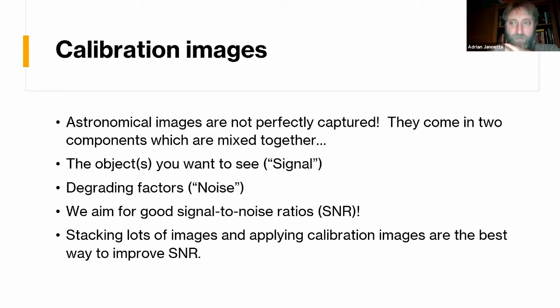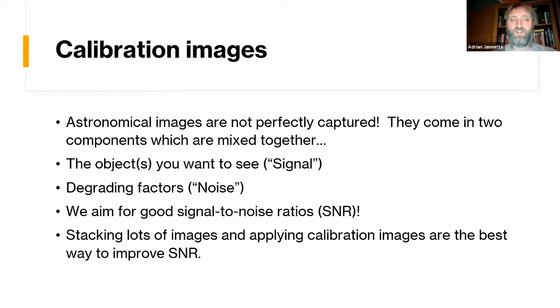To get a good picture, we define this thing called the signal to noise ratio, okay? And we want that to be a big number, okay? So signal to noise ratio, we want the signal to be far more important than the noise. To achieve that situation, we usually have to use calibration images, okay?